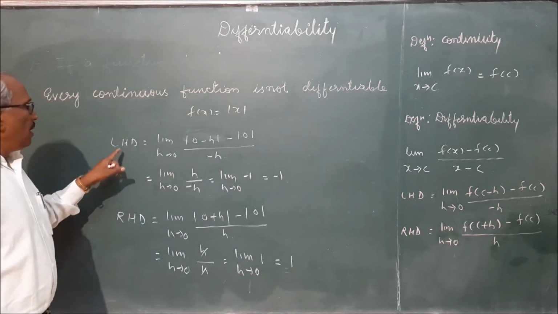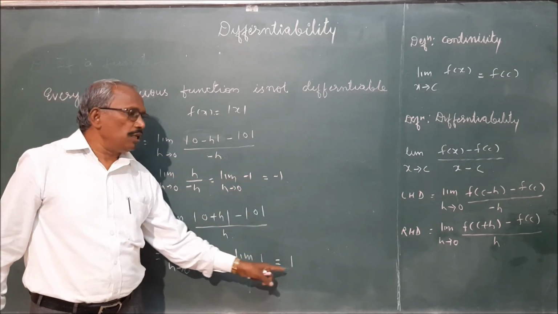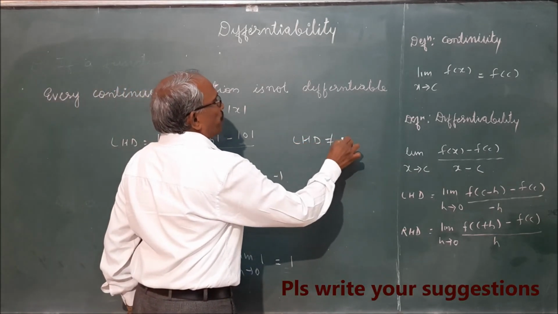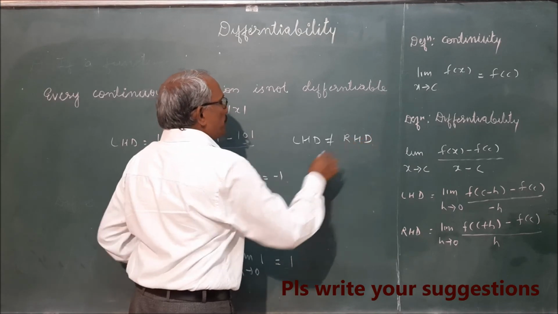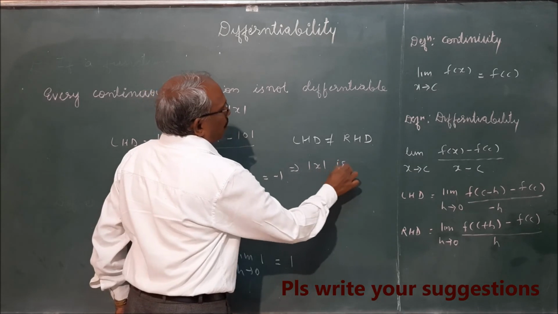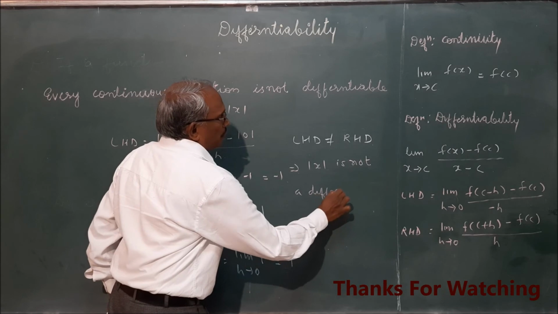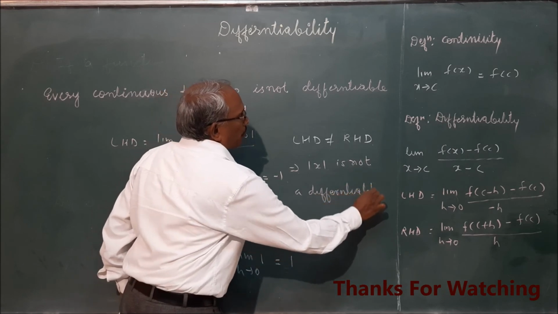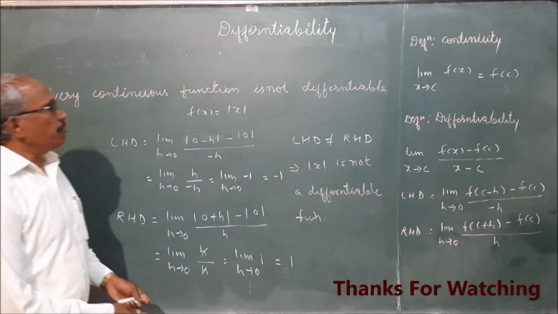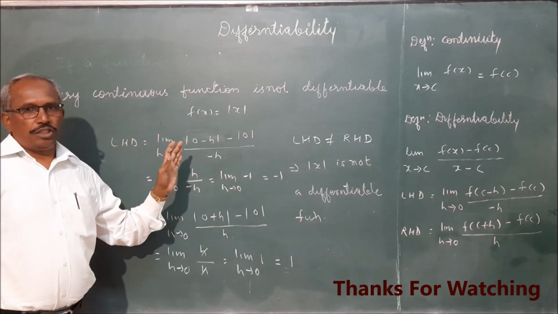So the left hand derivative is minus 1 and the right hand derivative is plus 1. That means the left hand derivative is not equal to the right hand derivative. This implies mod of x is not a differentiable function. Hence we conclude that every continuous function is not a differentiable function.